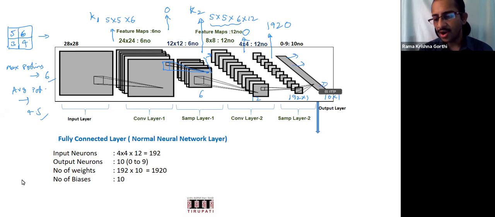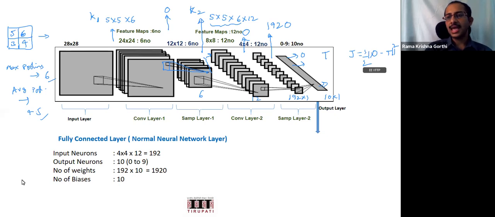These values we want to check with respect to the desired or target output T. Then the error is J equal to mean square error, exactly like what we have been doing before.